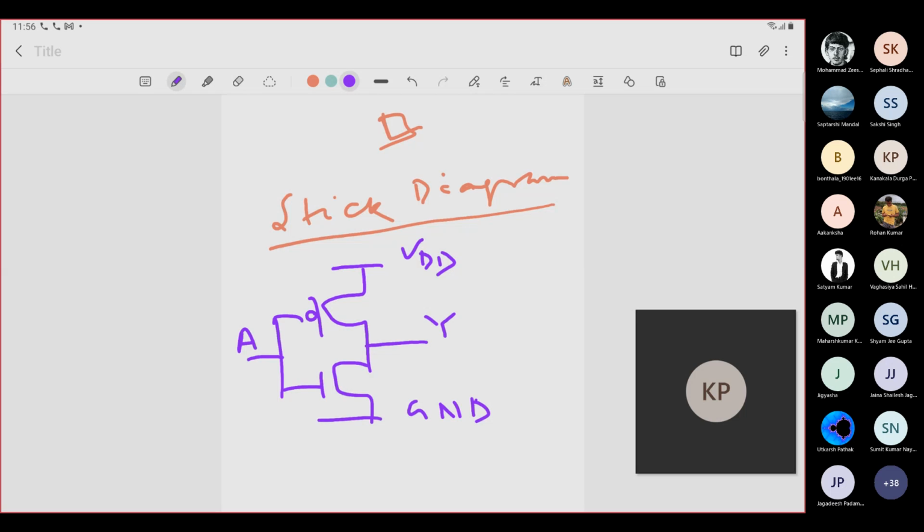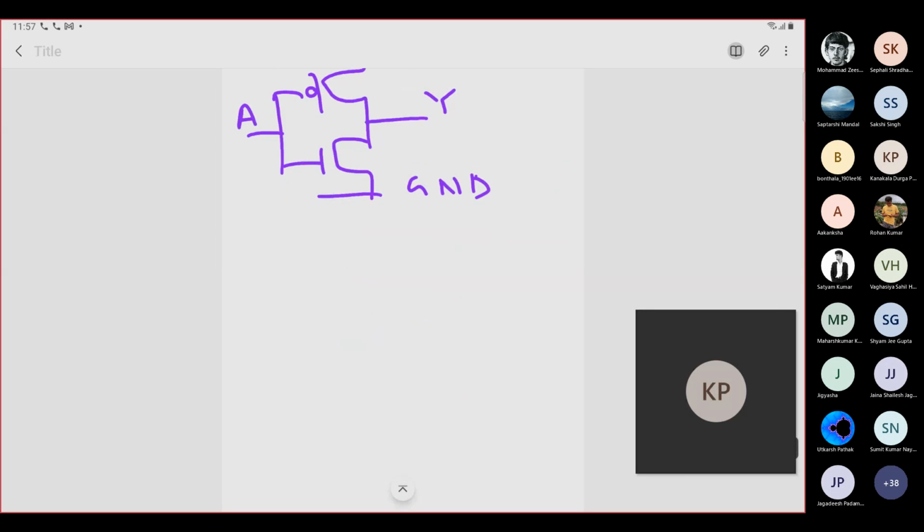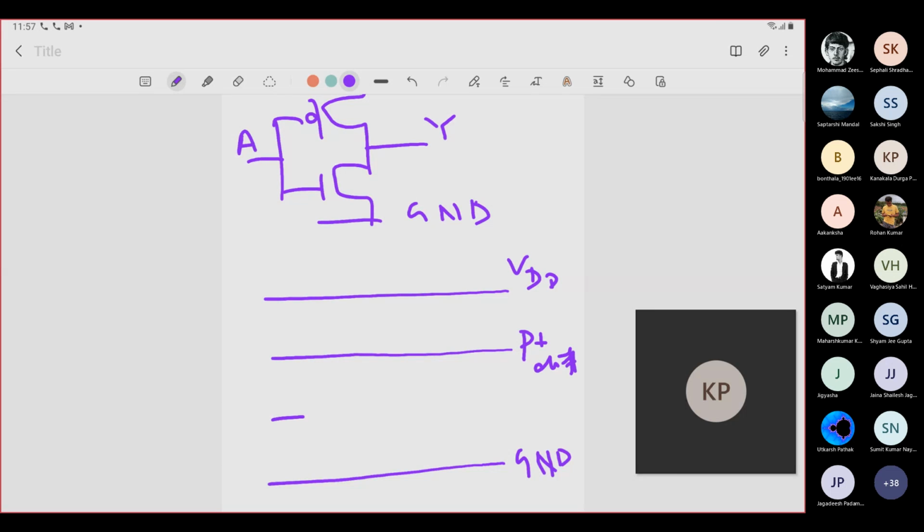To get the stick diagram, the rule is that you have to have 4 lines: VDD, ground, and in between a P plus diffusion stick and an N plus diffusion stick.